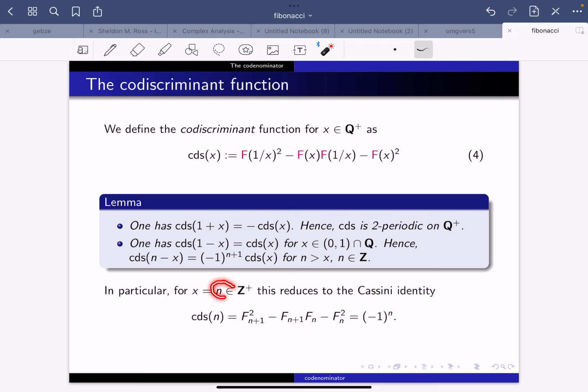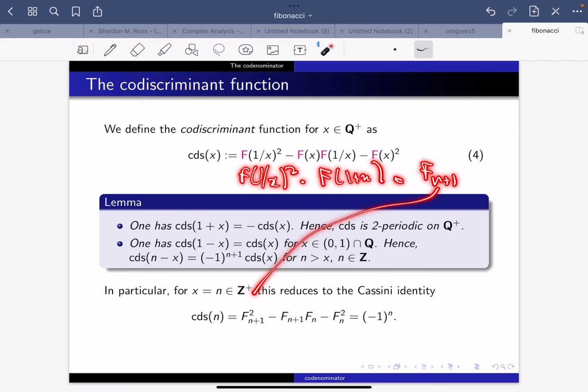When n is a positive integer, the codiscriminant of n from this definition equals f of 1 over x squared. But recall that f of 1 over x is just f of 1 plus x, which is just the (n plus 1)th Fibonacci number. So here we have this expression.